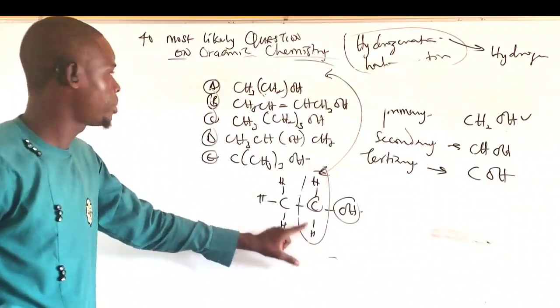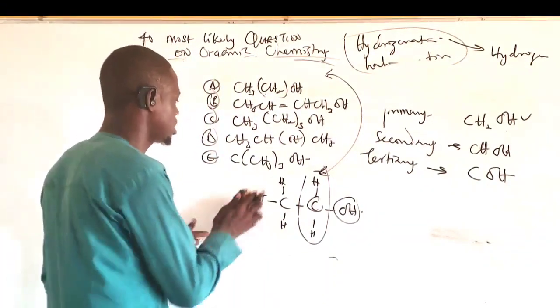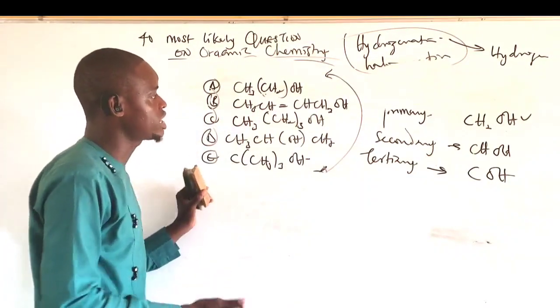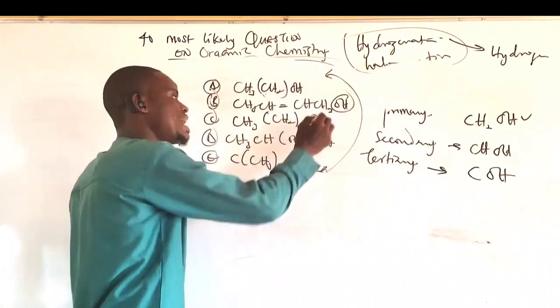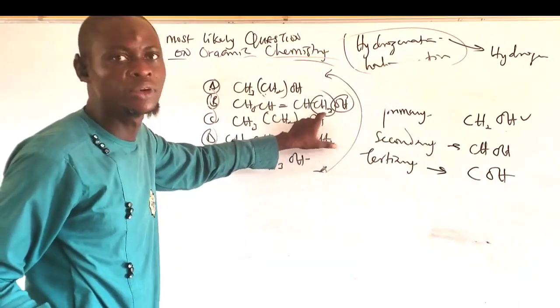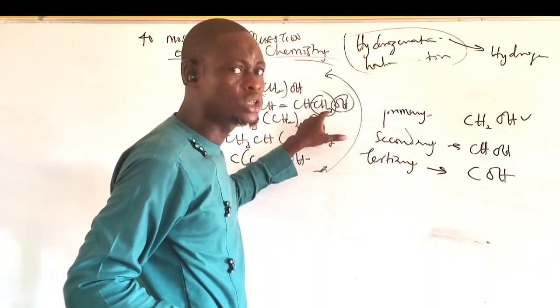Two hydrogen, primary alkanol. Now, let's take a look at option B. In option B, it's just a double bond. If you take a look at it, this is the OH. It is attached to this CH2, which is how many hydrogen? Two hydrogen. The hydroxyl is attached to the carbon with two hydrogen.